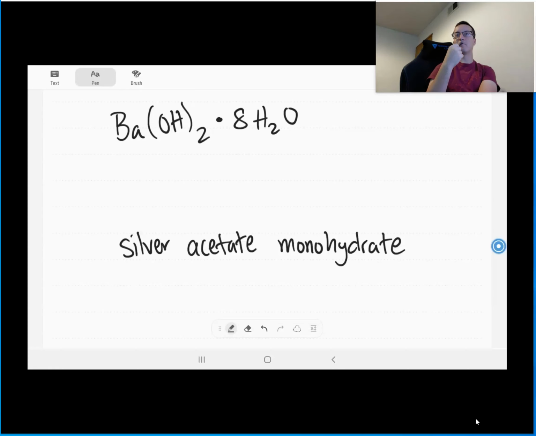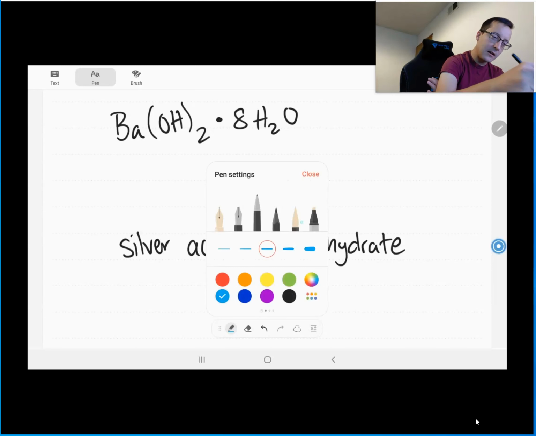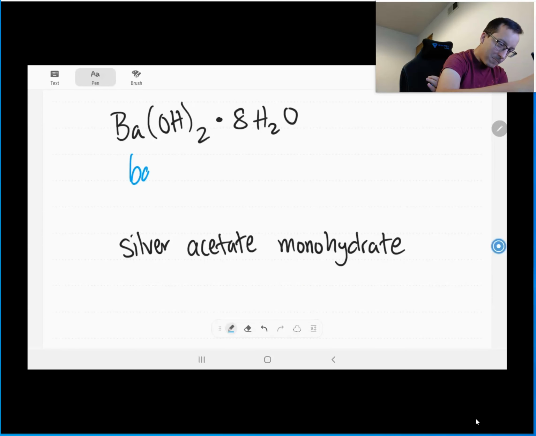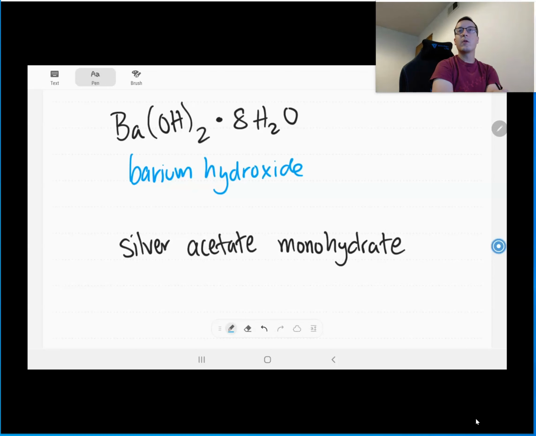So, Robert, remember, metal, non-metal, anything that has ions involved, we're not going to put di, tri, mono, whatever. So this is just barium hydroxide. Octoxide.